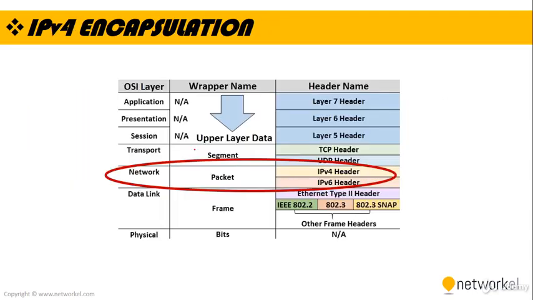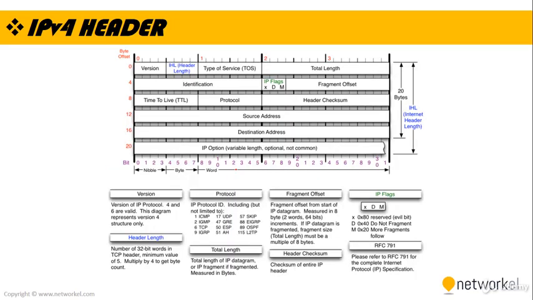When the PDU named segment reaches the network layer, this layer adds the IPv4 or IP version 6 headers to the segment, and the PDU name is converted to packet in our network layer. Let's take a look at the IP version 4 header now.